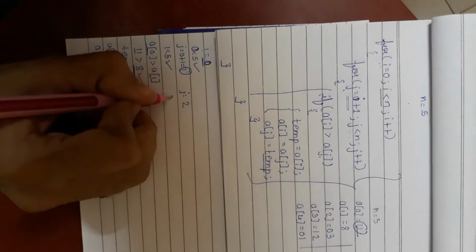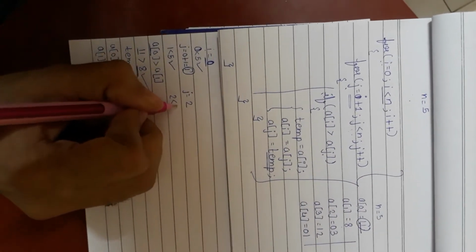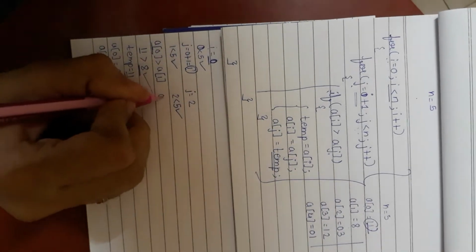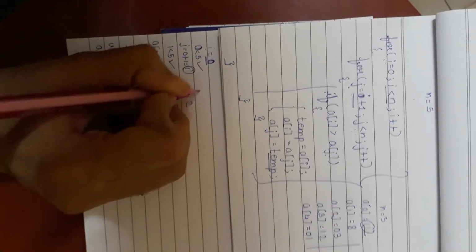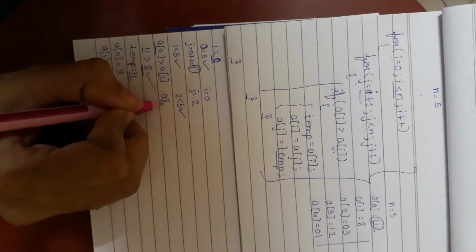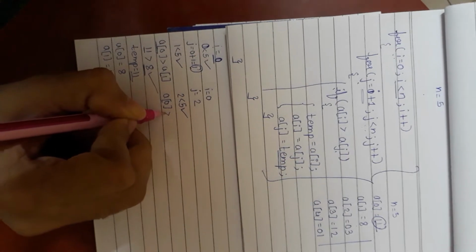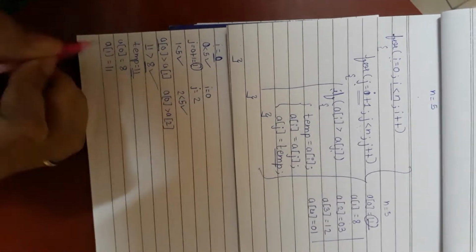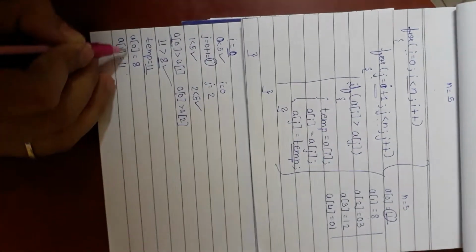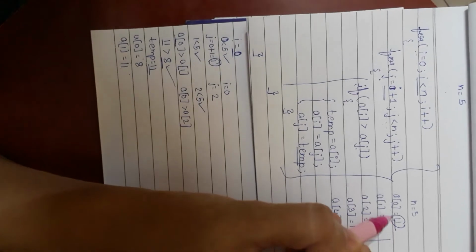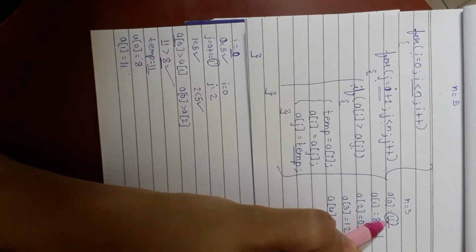Again the comparison will take place, 2 less than 5. Yes, the condition will be true, and again the comparison will be there: a of i, where i is 0 only and j is 2. So a of 0 is compared, that is a of i is compared with a of j, that is a of 2. Now if you notice, because of the first iteration we will not take 11 as the value of a of 0.